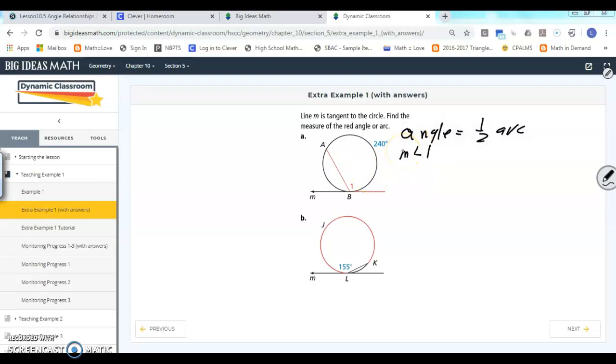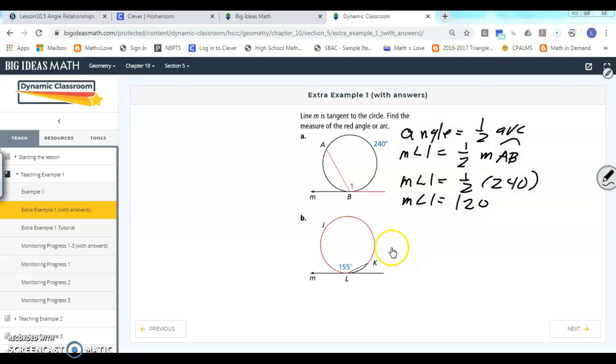So the measure of angle 1 is equal to 1/2 of the intercepted arc, which is arc AB, a major arc, by the way. So we have the measure of angle 1 is equal to 1/2 of 240. The measure of angle 1 is 120.